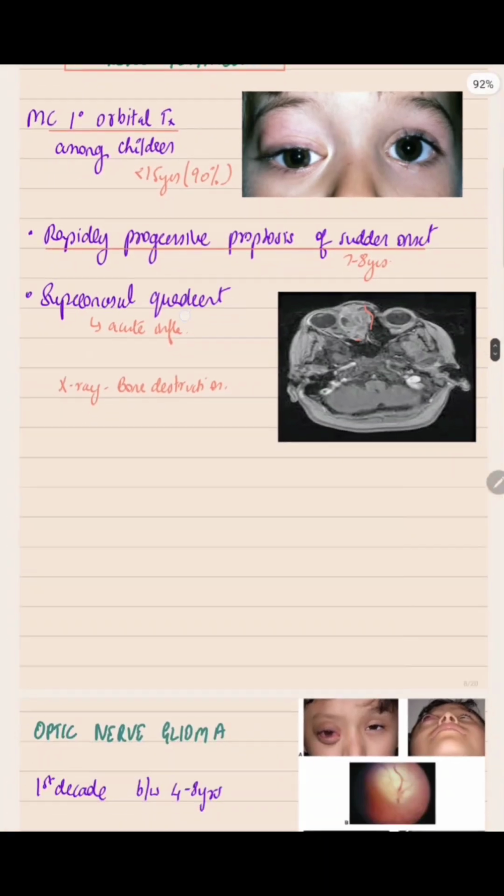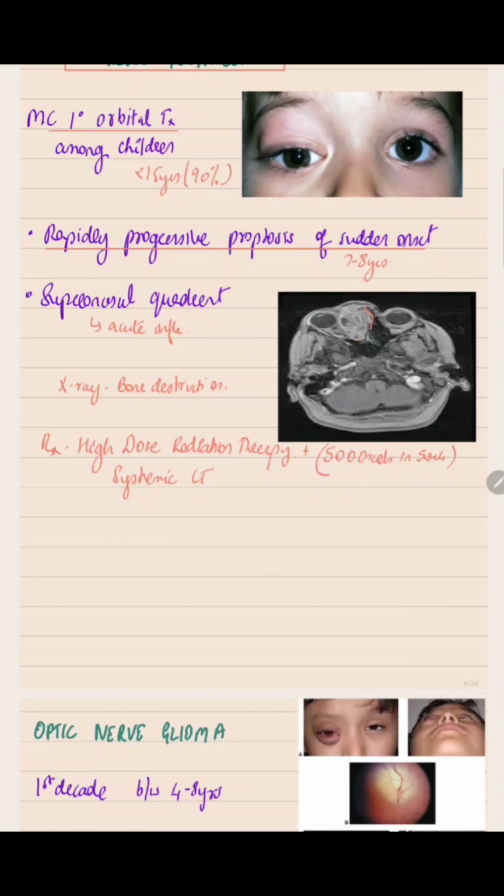Then the treatment is high dose radiation therapy plus systemic chemotherapy. Radiation therapy is usually 5,000 rads in 5 weeks.